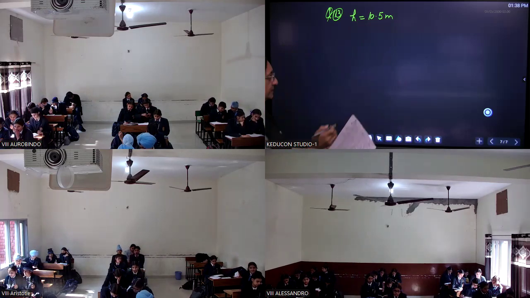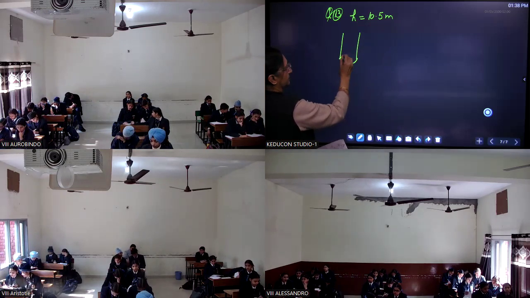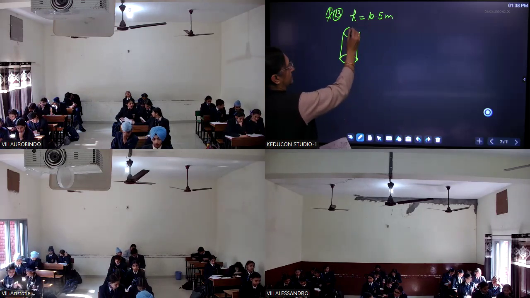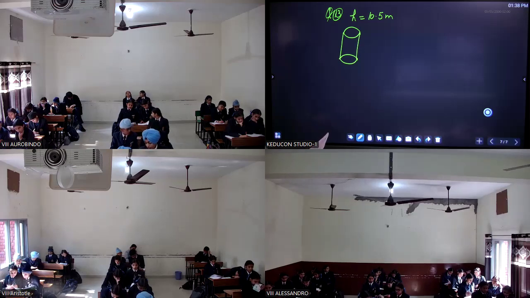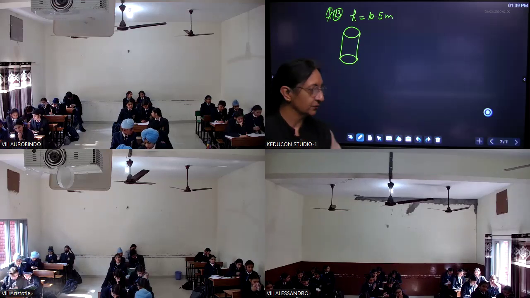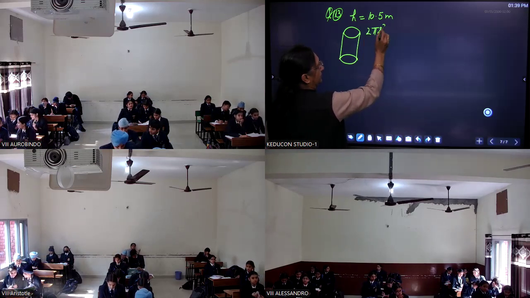Circular faces of a cylinder. Circular faces will be what? They will be circles. These are the circular faces. Okay? We are talking about circles only. Sum of the areas is given to you: pi r square plus pi r square, 2 pi r square.